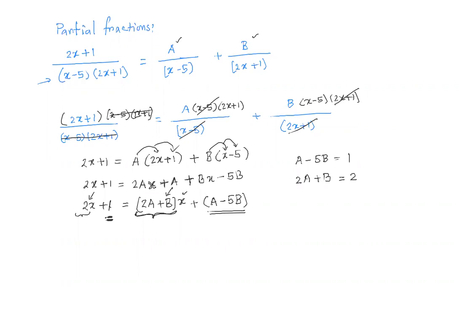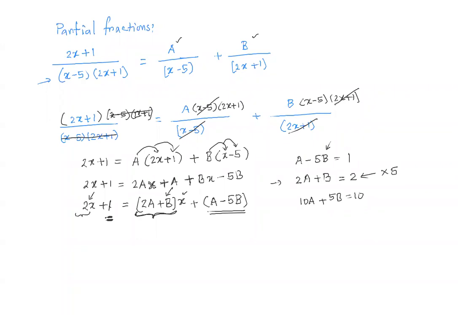An easy way to solve it is this. Look, there is a negative 5b there, so just take the second equation and multiply it by 5. That's going to give you 10a + 5b = 10. I took this equation and multiplied it by 10, sorry, I meant 5, multiplied both sides by 5.